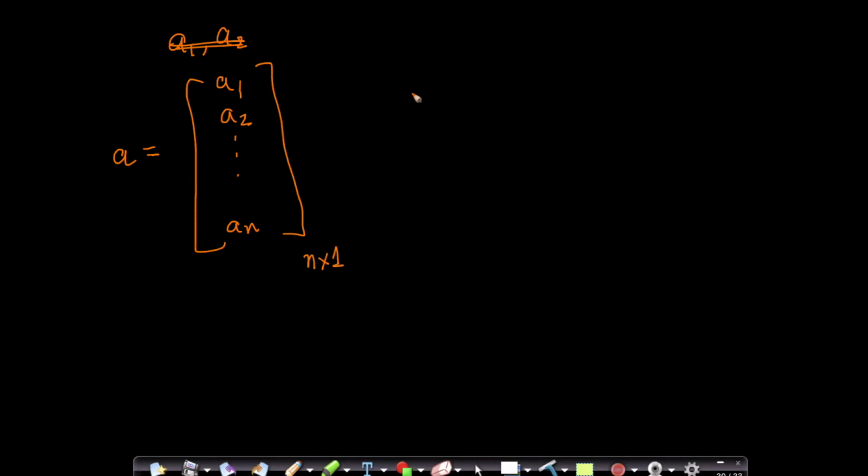Now, what does A transpose mean? A transpose means basically swap your rows with columns and columns with rows. Those of you who have learned basic linear algebra in high school would immediately recognize this. A transpose is nothing but A1, A2, so on and so forth, AN.